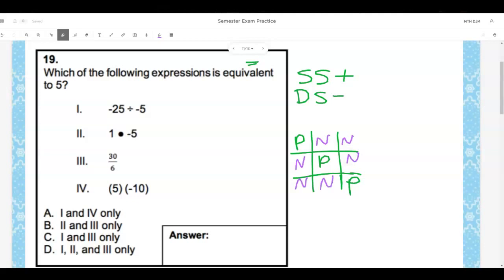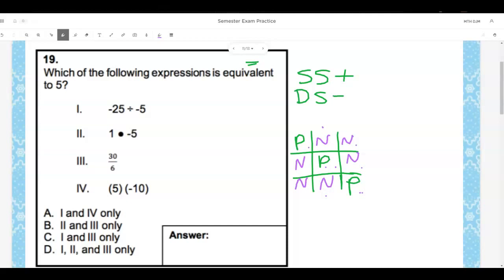And if I want to use something like this to help me remember, any way you go on this chart, you're going to get the right answer. If I go diagonally, a positive times a positive is a positive. If I go up from there, a positive times a negative is a negative. Okay, so down the middle, a negative times a positive is a negative. So any way you go on there, you're going to get the right sign.